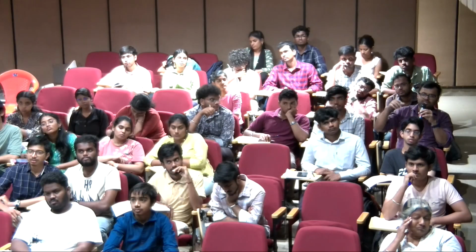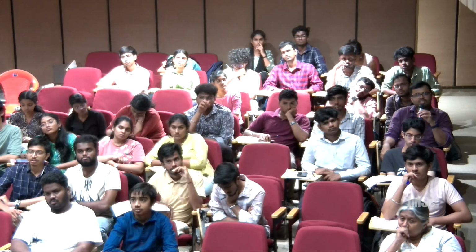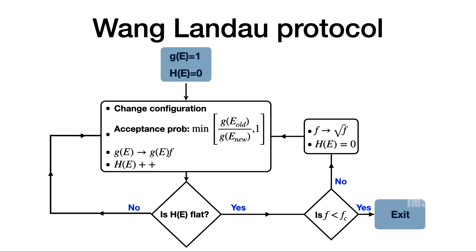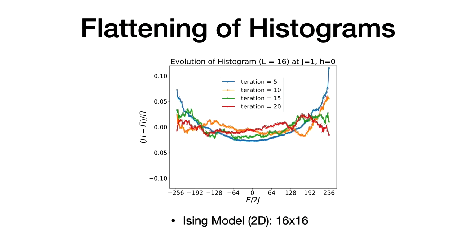Yeah, but then how will you get all the features of the actual G of E if F is just a constant? That is the point. The dynamics keeps driving it to low probability states. In this plot, you start with a flat histogram. This blue line is the one at 5 iterations. After some time, you can see it quickly converges to a flat one.